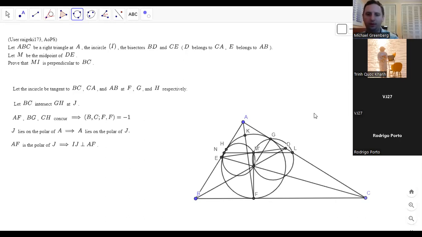I like Rodrigo's idea here. So we have these two cyclic quadrilaterals. So can we use projective geometry somehow? What do we want to project through?